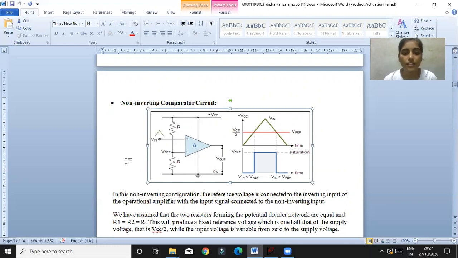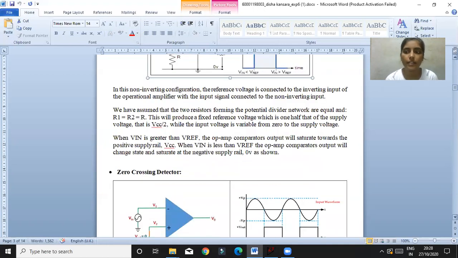We assume that two resistors form a potential divider network, with R1 equal to R2 equal to R. This produces a fixed reference voltage of one half of the supply voltage, VCC by 2, while the input voltage is variable from 0 to the supply voltage.